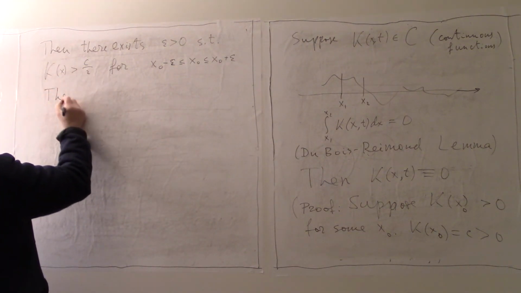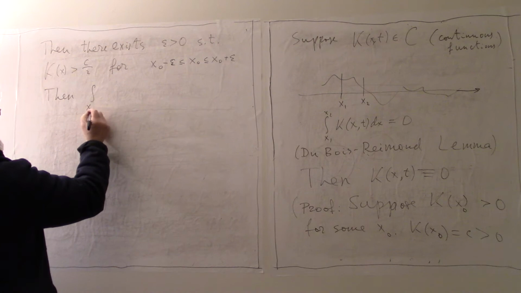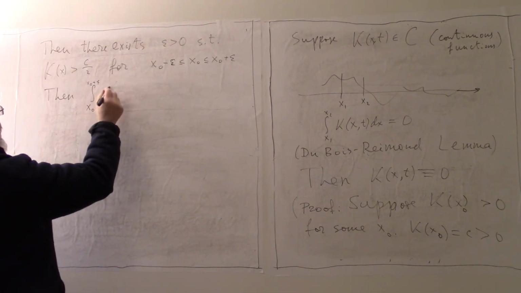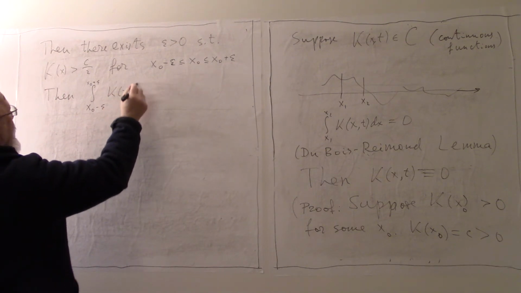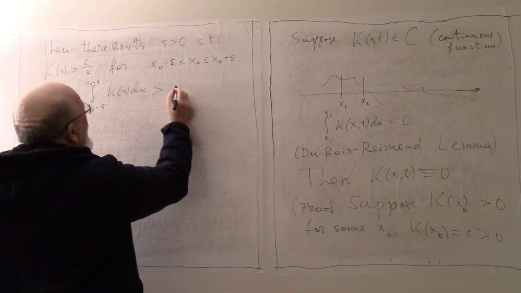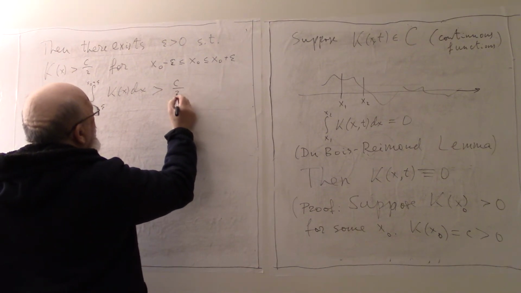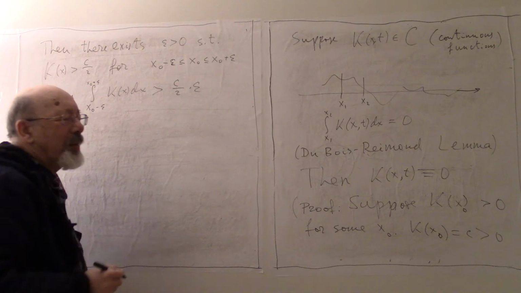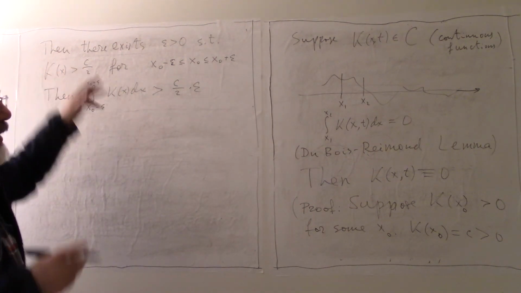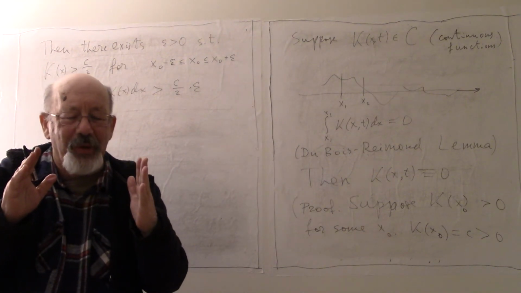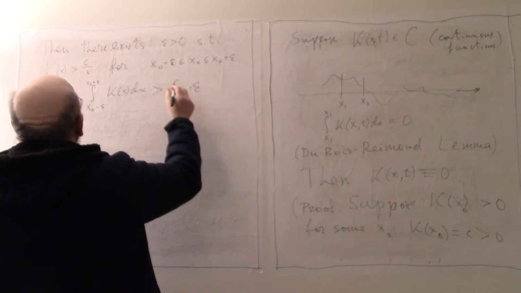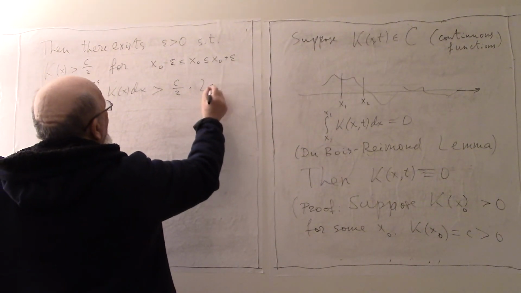And then the integral from x0 minus epsilon to x0 plus epsilon of k of x dx is more than c over 2 times epsilon, because the function is more than c over 2 and the length of the segment is 2 epsilon.